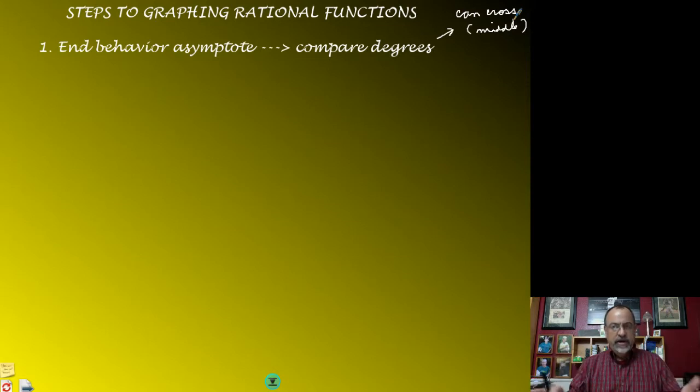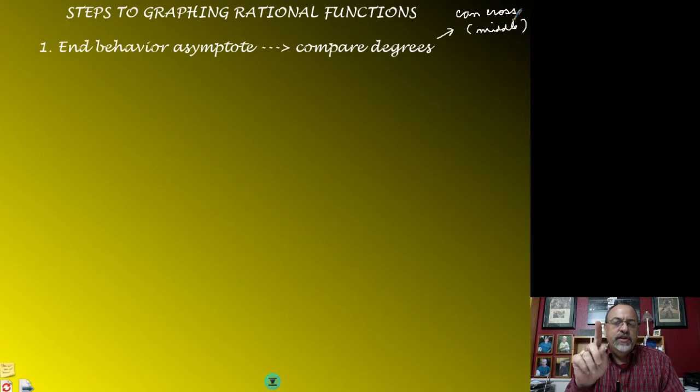However, towards the middle of the graph, around 0, it can cross that horizontal asymptote. So that's why the more accurate name is the end behavior asymptote, because it controls the end behavior and what it can do out there. It doesn't really create a place where it can't cross in the middle of the graph. So just remember that as you're drawing your graphs.